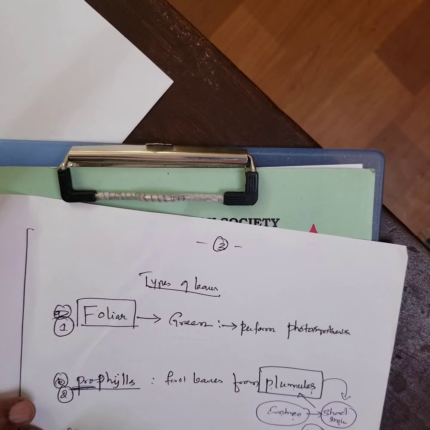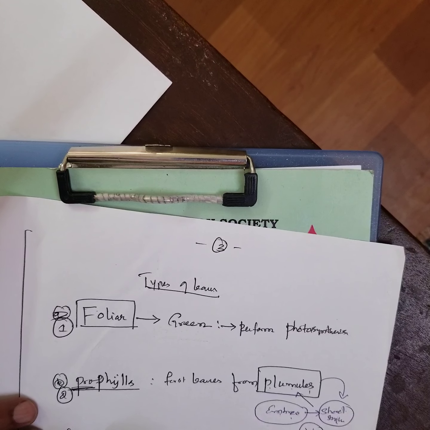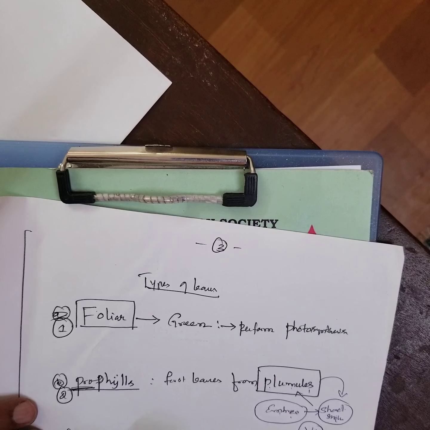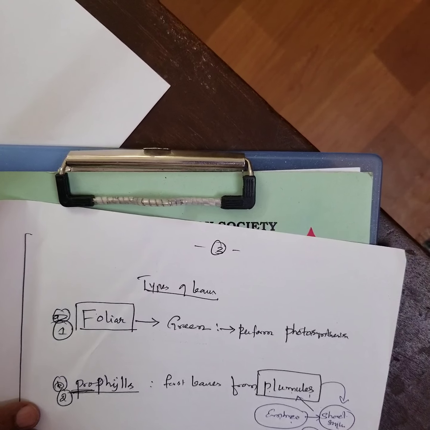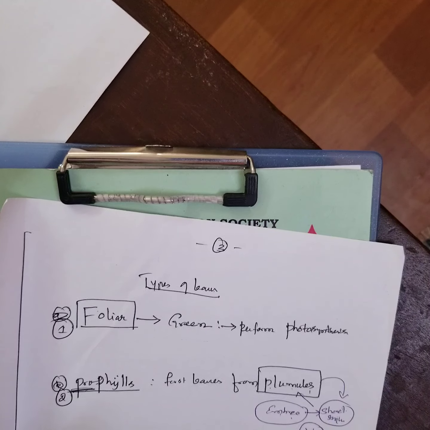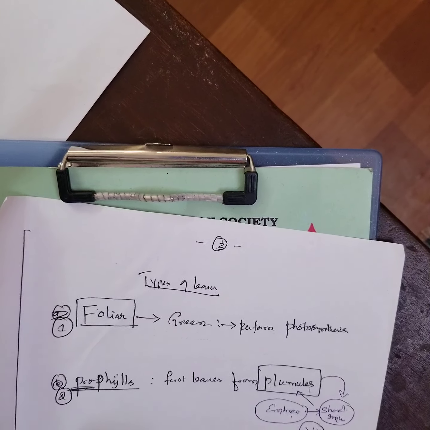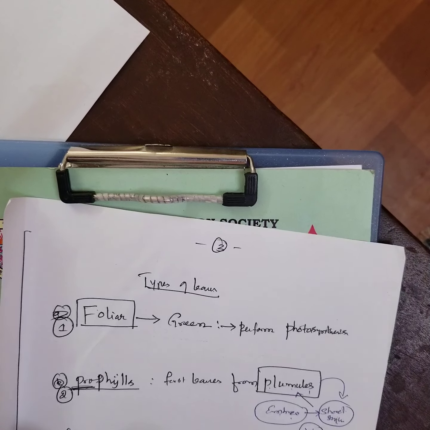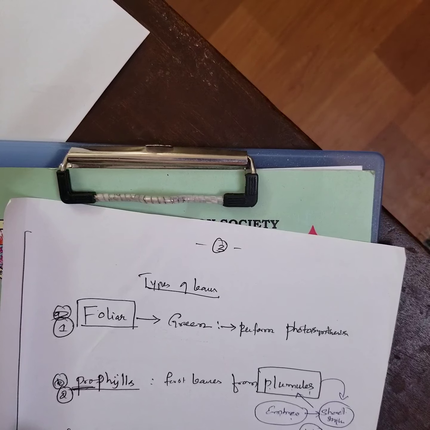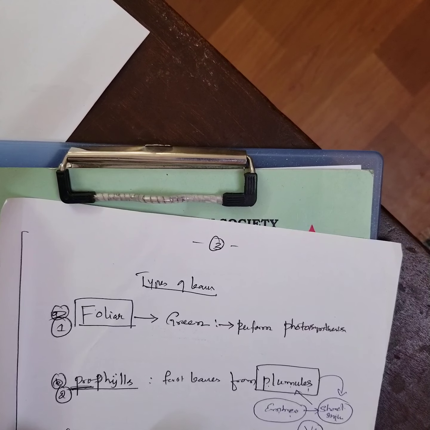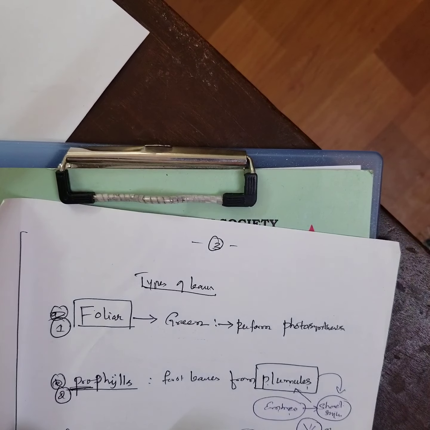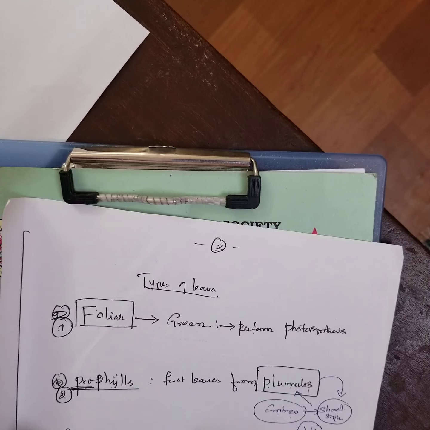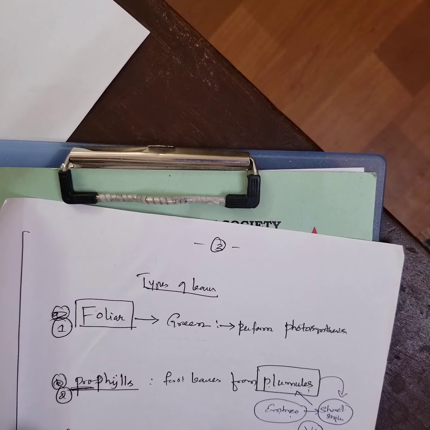Next, scaly leaves. When I say scaly leaves, it will be sharp, meant for protection. See, meant for protection. Right? This they also call cataphylls. See, phyll means leaves.